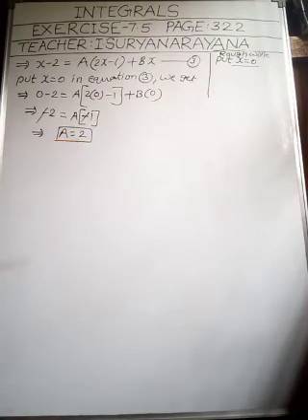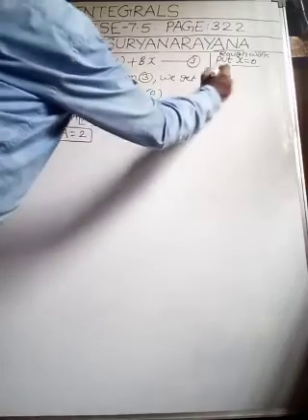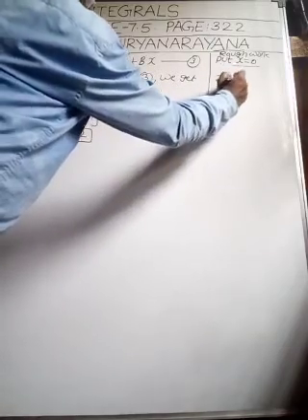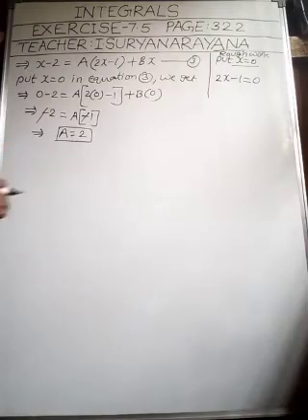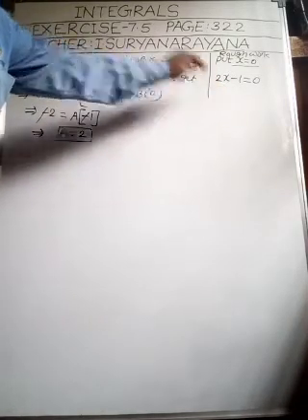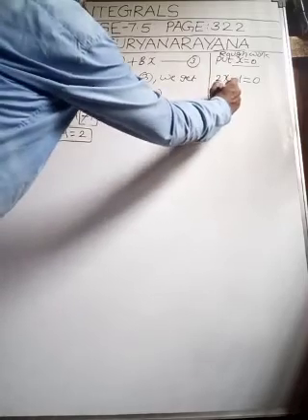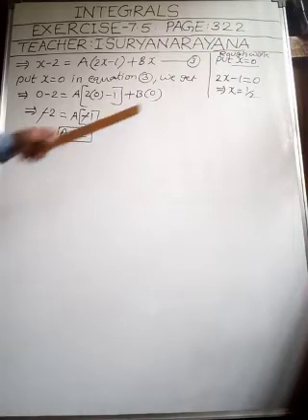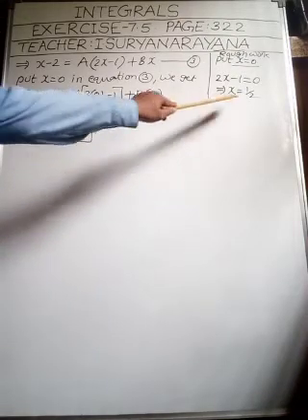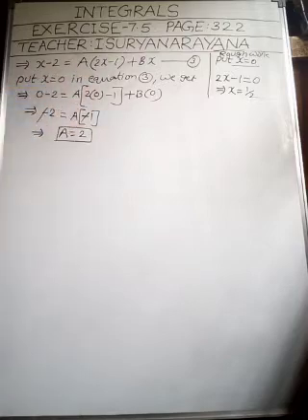Right. Now come to the second non-repeated linear factor. What is the non-repeated linear factor? 2x minus 1. 2x minus 1 is equal to 0. This should also be done in rough work. From this equation, solve for x. What did you get here? The value of x is 1 by 2. So put x is equal to 1 by 2 in equation 3.